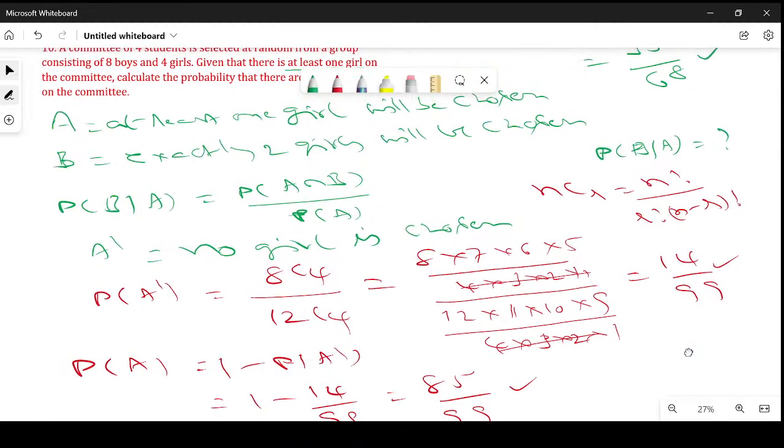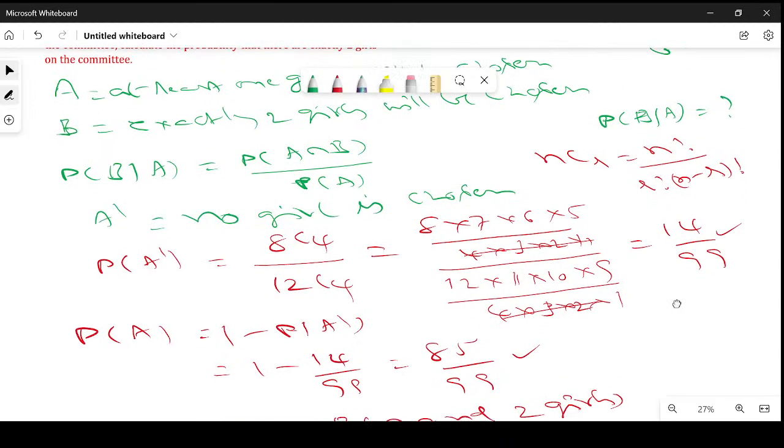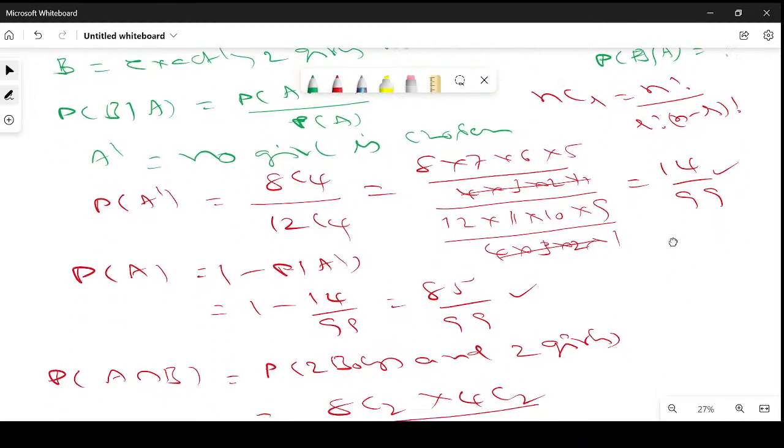At least one girl will be chosen, A. Exactly two girls will be chosen, B. There is P of B by A, conditional probability, P of A intersection B by P of A. But I have taken to find the probability of A complement. No girl is chosen, P of no girl means only boys. I should select 8C4 by 12C4. We got 14 by 99.